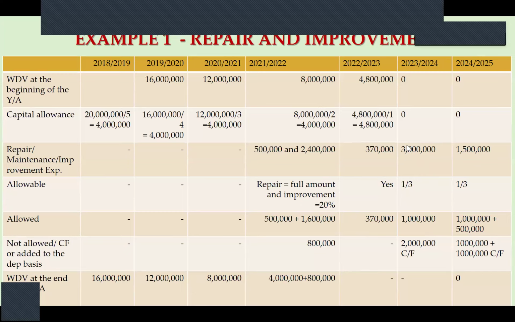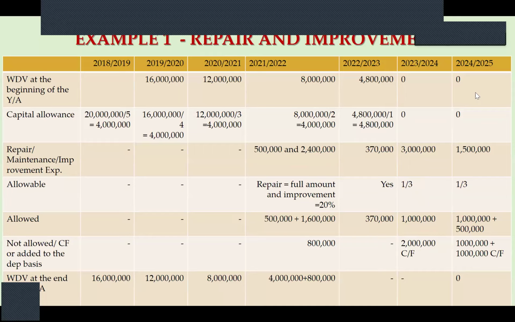The new formula is 3 million. Out of this 3 million, only 1/3 can be deducted in the first year. That is why after applying 1/3 to 3 million, that is 1 million. Then 2 million is carried forward.